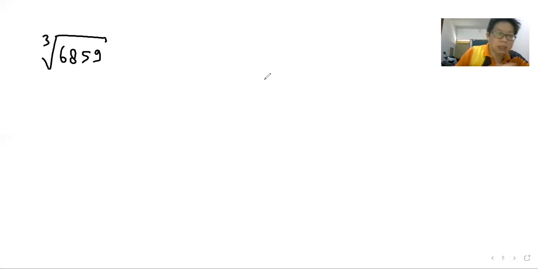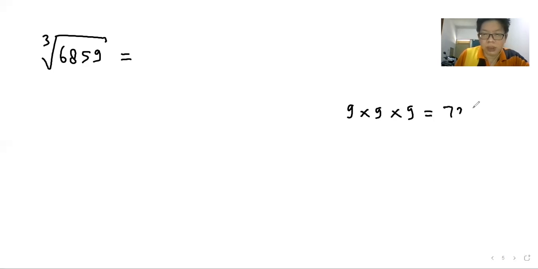How about this? Cube root of 6859. We have to find a number that when it is cubed, the result has 9 in the last digit. We know that 9 times 9 times 9, or 9 cubed, is equal to 729.